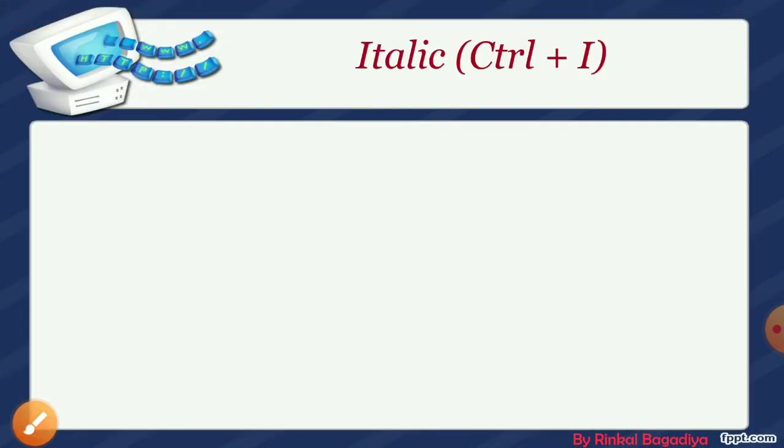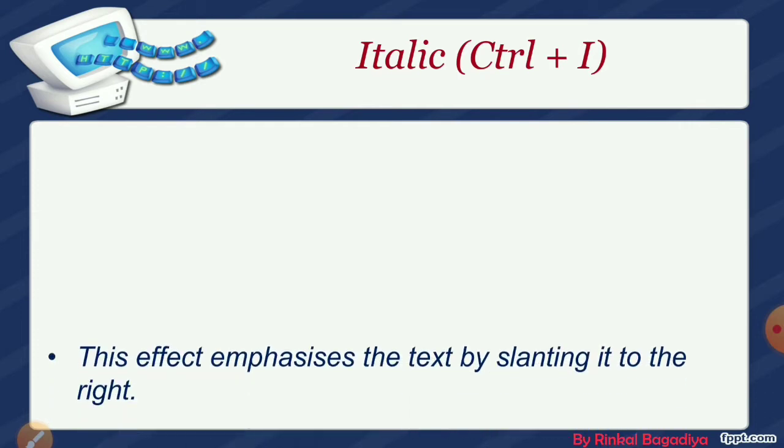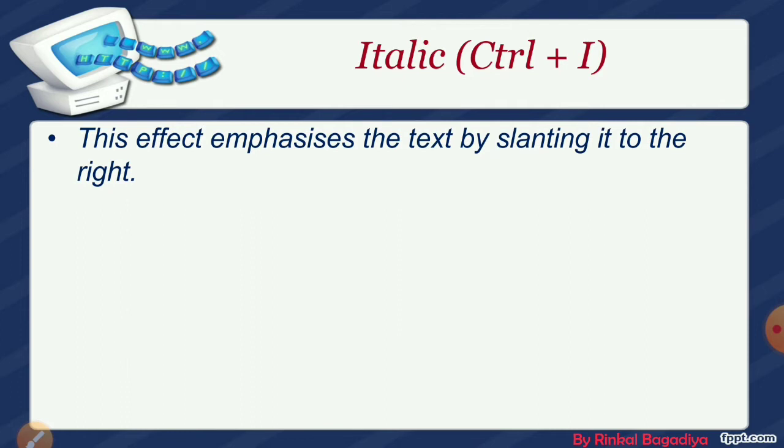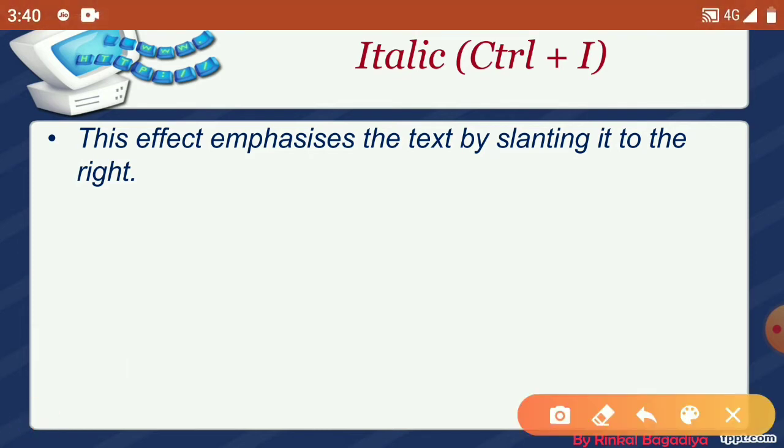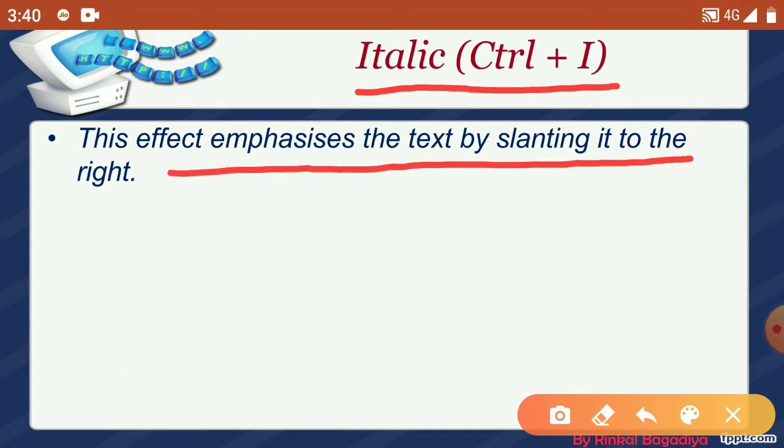Next is italic. Control plus I is the shortcut key for the italic option. This effect emphasizes the text by slanting it to the right side. Okay. Just now you can see these texts are in italic only. After applying italic effect, our text looks like this, a little bit slanting to the right side.